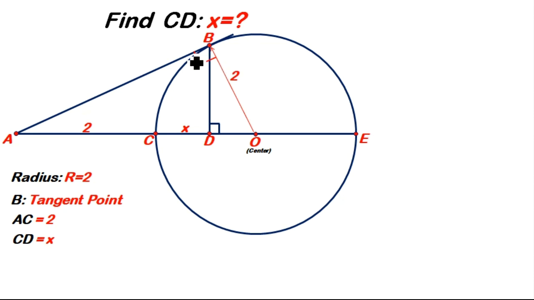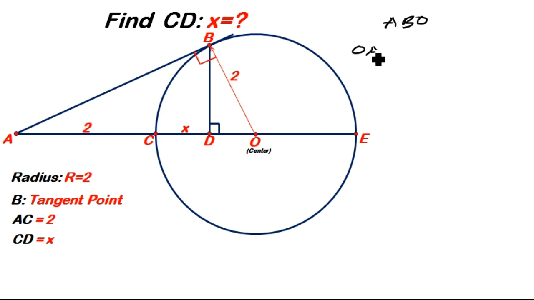And the tangent and the radius always meet at 90 degrees. So that implies that triangle OBA, or ABO, is a right angled triangle. So if triangle ABO is a right angled triangle, if you use Pythagoras theorem, we can determine the length AB. So you know the longest side is from O to A.